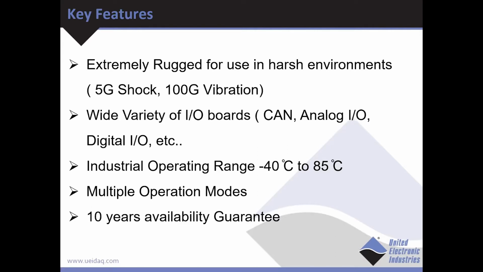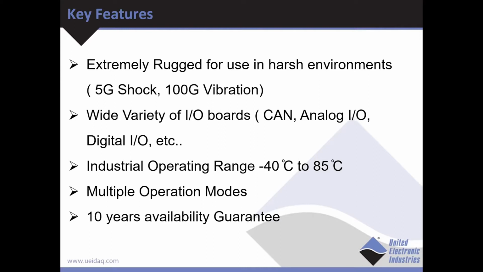Then these devices are capable of operating in the industrial operating range in terms of temperature, from -40°C to +85°C. These devices also support multiple operation modes. We can have these devices work in standalone mode, or as a slave device plugged into a host PC. Depending on the type of application, you can select the operation mode, making the platform very flexible.